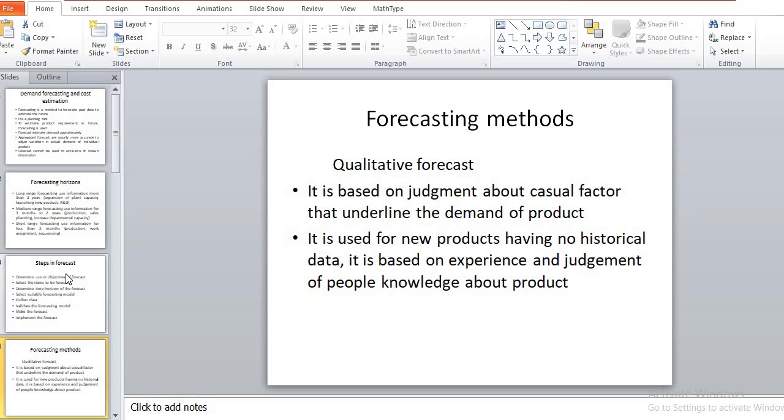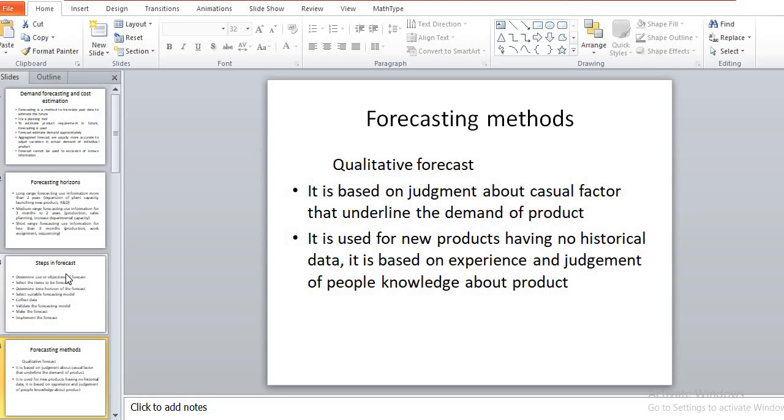Qualitative forecasting is generally based on the judgment of causal factors that determine the demand of that particular product.